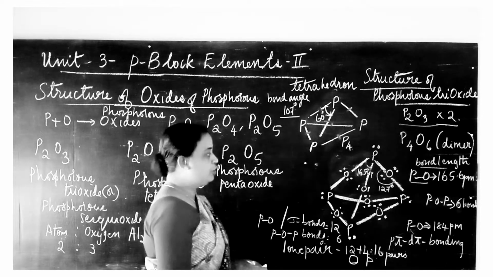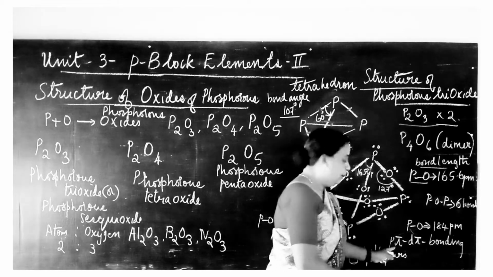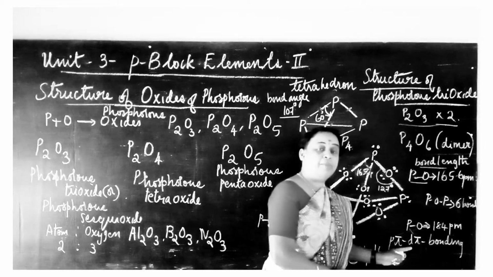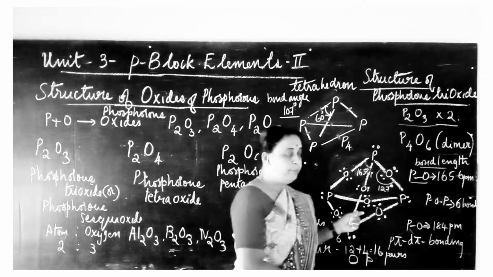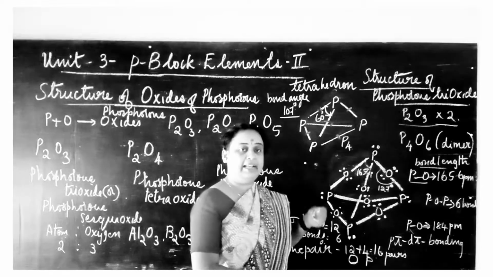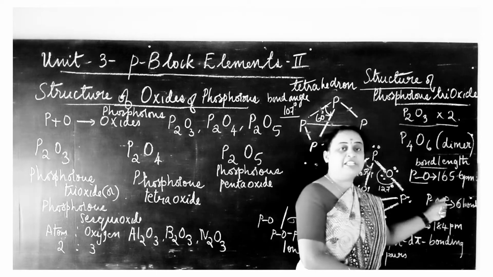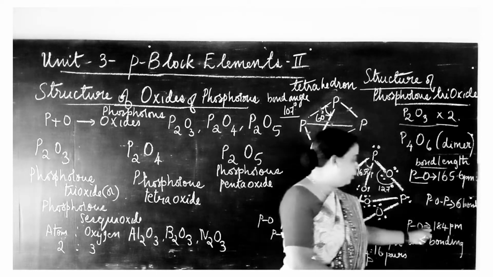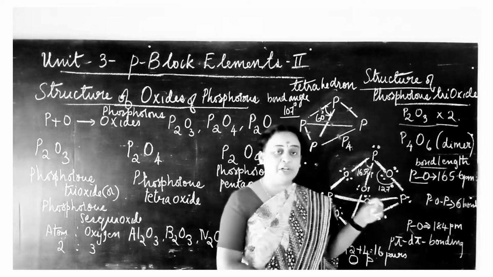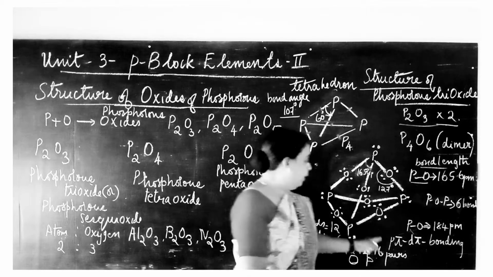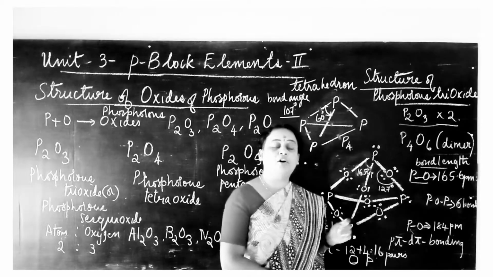So because of this reason, what happens? A pi d pi bonding is established here. Because the bond length is comparatively less, 165.6 picometer, compared to the normal bond length of 184 picometer, a pi d pi bonding exists in the case of phosphorus trioxide.